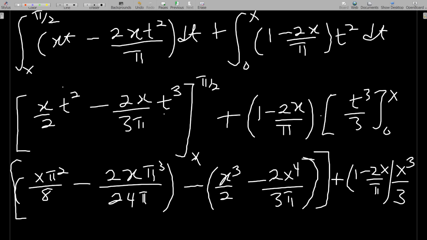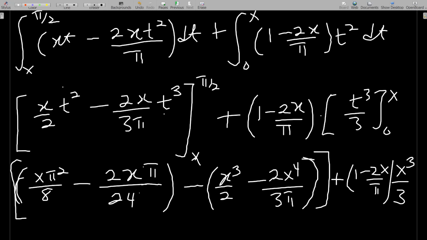Okay, so now let's try to simplify some terms. I hope you'll be able to simplify these. So this pi will cancel one of the pi cubed, and what will be left will be pi squared at the top here.